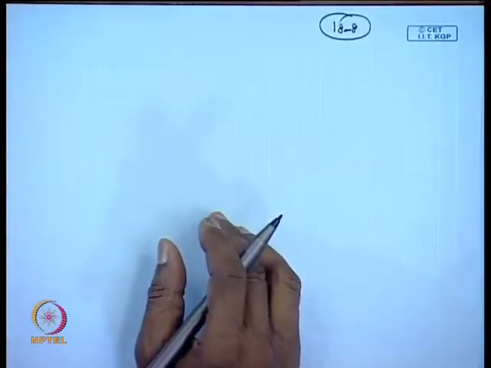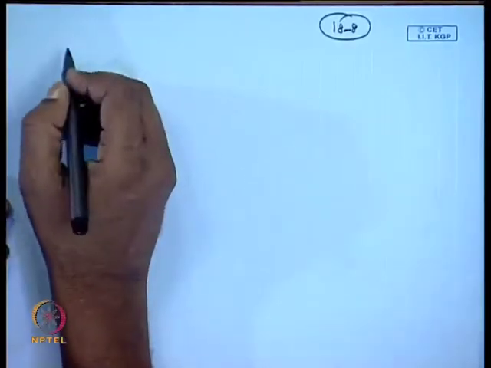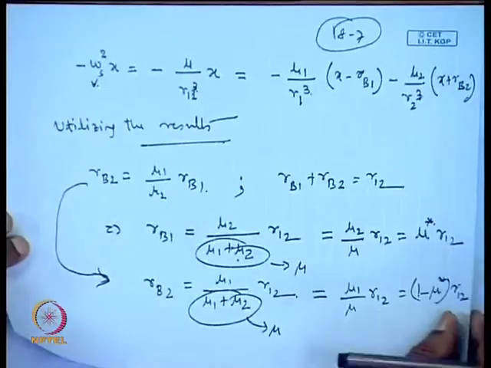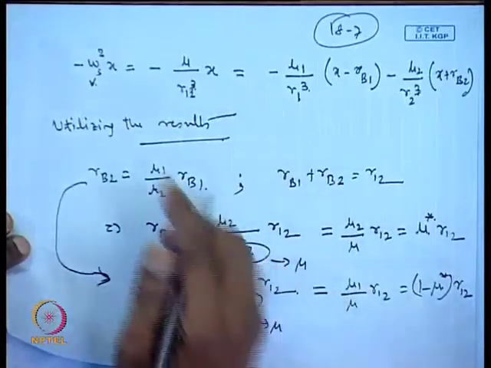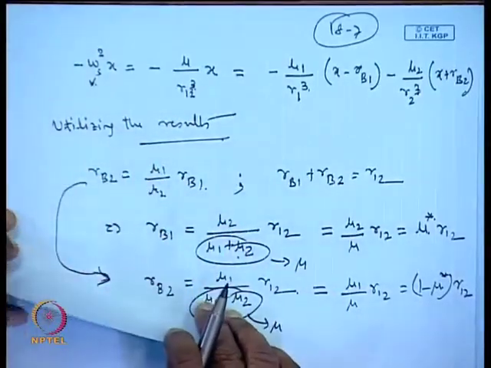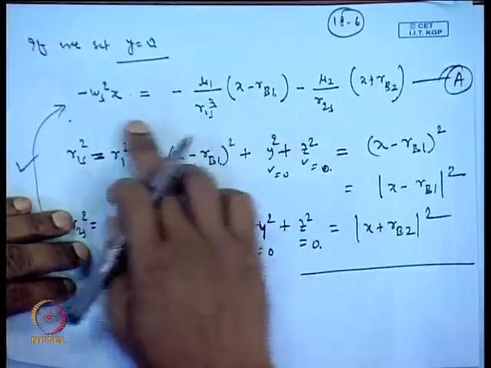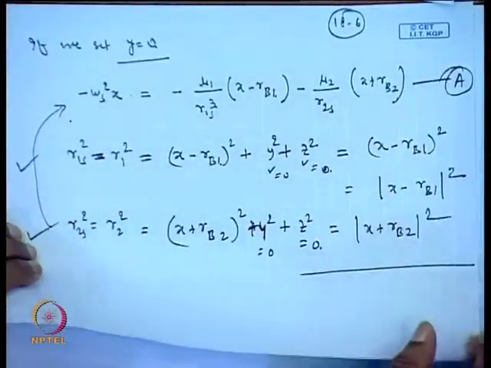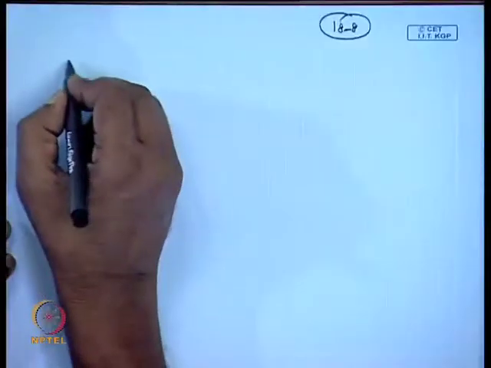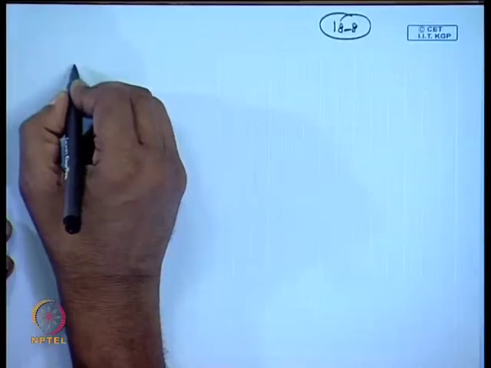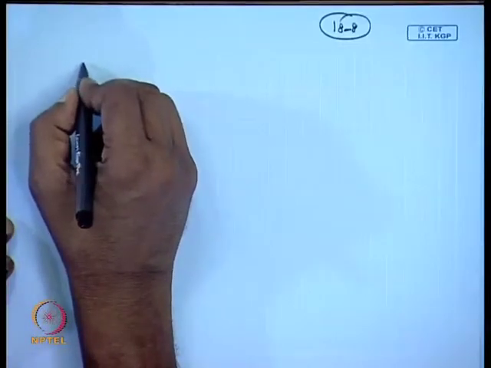Now, with these results, this equation can be further simplified. So, this is the equation that we have written earlier. This can be further simplified and can be cancelled out on both sides.